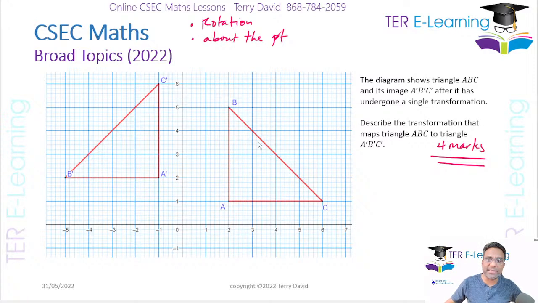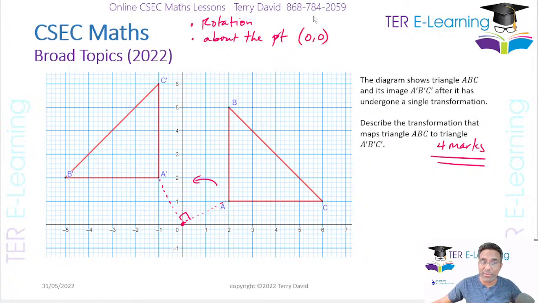When you're rotating something, you're rotating about a point. If I look at this point here, and CXC likes to use the origin, it may not be that, but look at this. If I draw a line from O to A and from O to this, what's happening here? I'm rotating this entire triangle this way, and I'm rotating by 90 degrees. So you're rotating about the point 0, 0.